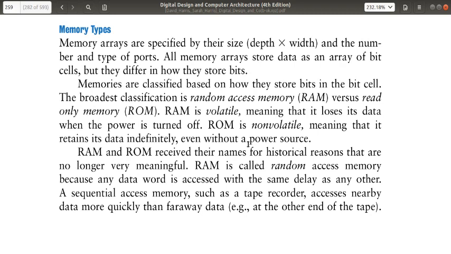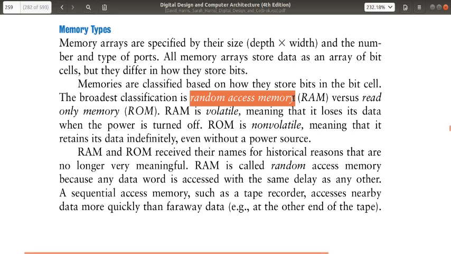Now, depending on the type of storage in a memory, there can be two types: one is volatile and the other is non-volatile. The volatile type of memory is called RAM, and RAM stands for random access memory.